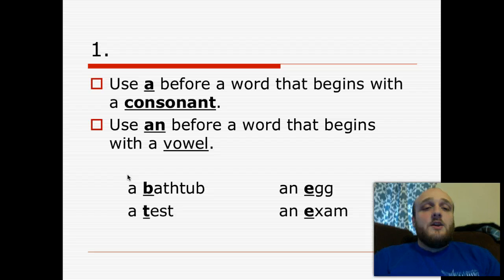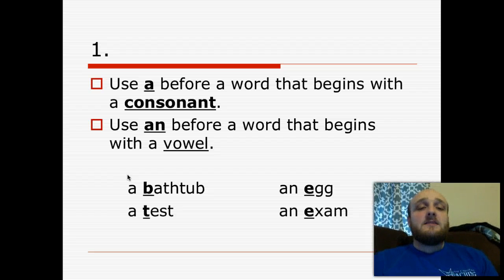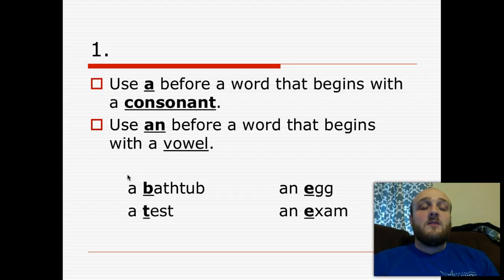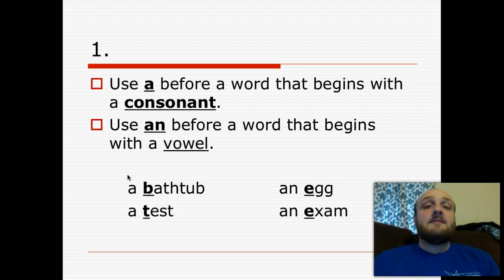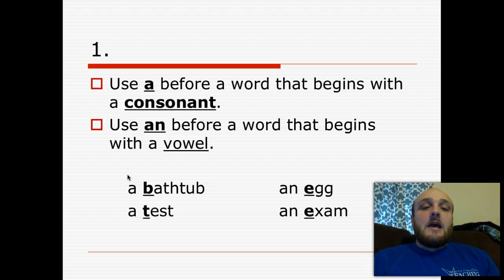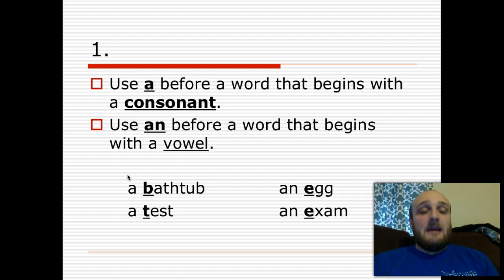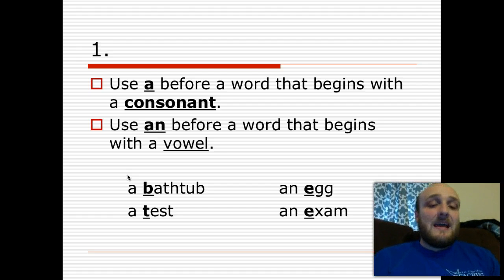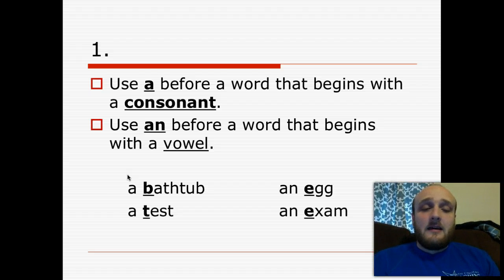Rule number 1, use a before a word that begins with a consonant and use an before a word that begins with a vowel. A consonant is any letter in the alphabet that is not A, E, I, O, or U. A vowel is any letter that is A, E, I, O, or U. So, for example, a bathtub, a test.